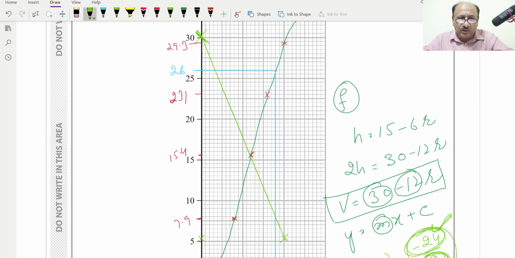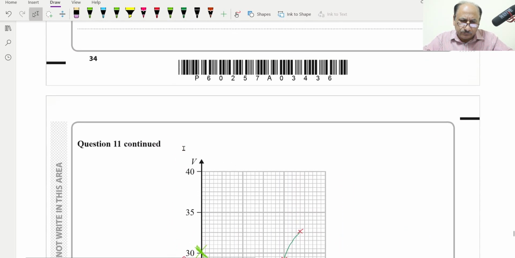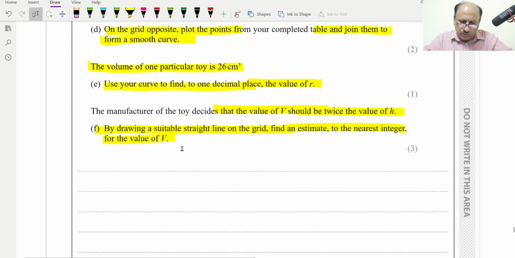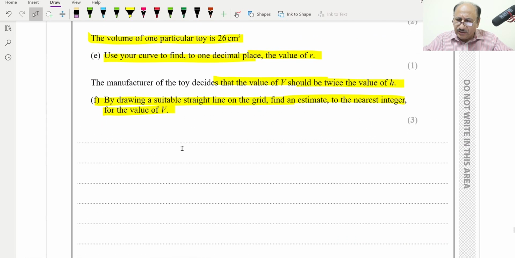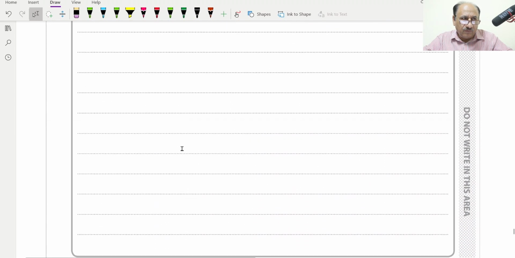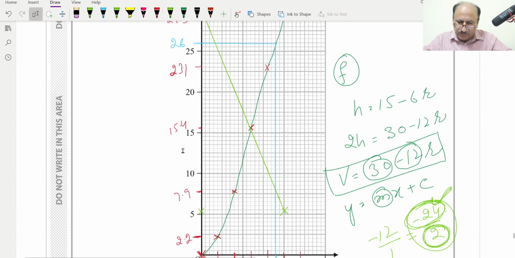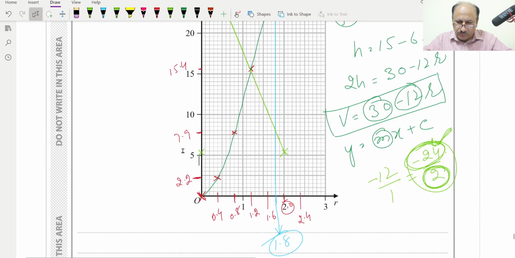This is the straight line we have drawn. This will be double. By drawing a suitable straight line on the grid, we find an estimate to the nearest integer for the value of V, and the value of V will be 30 when this will be 15. So this is the straight line which we have drawn.